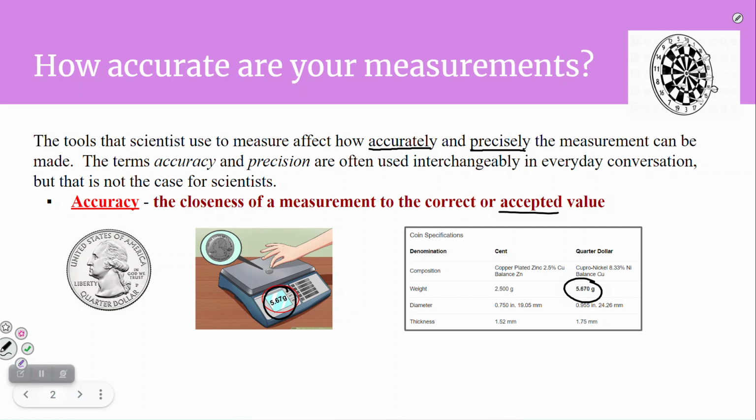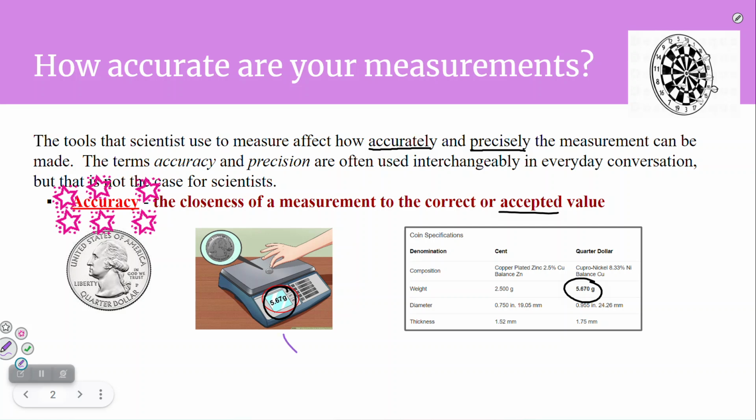5.670 grams. Looking at the definition of accuracy, it is how close a measurement is to the correct or accepted value.